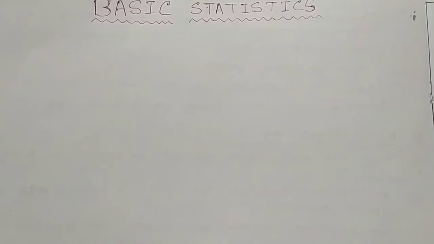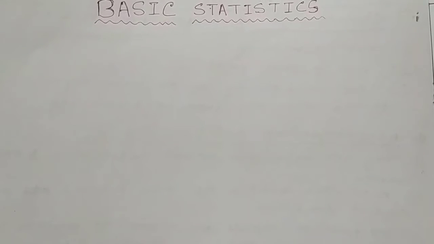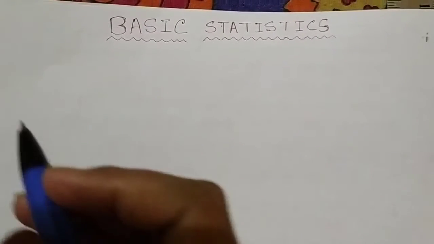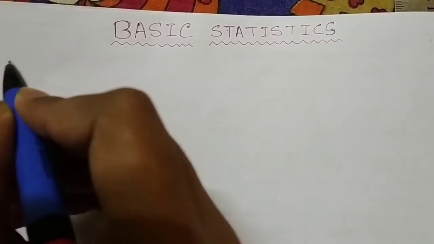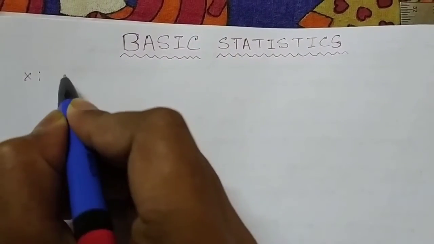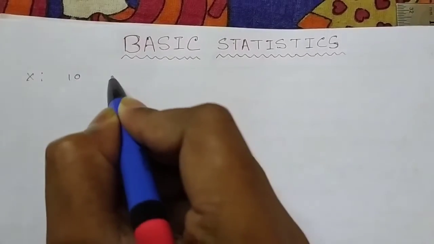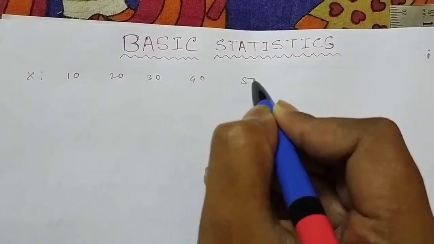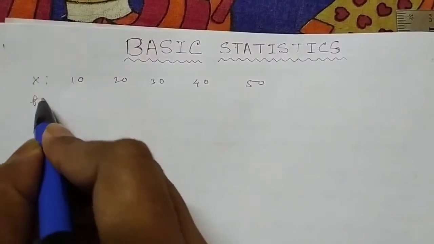First is the basic statistics. We already know the definition of basic statistics. So let's know what is frequency. Frequency is nothing but, if a statistical data, let's say x, and the data may be 10, it may be 20, it may be 30, 40 and 50. And what is frequency?